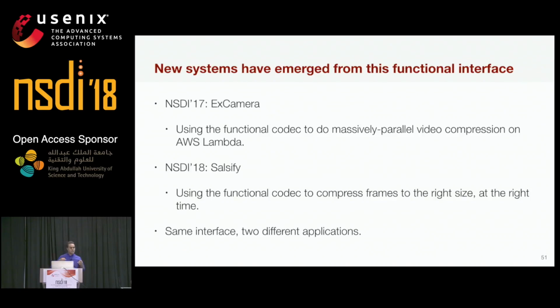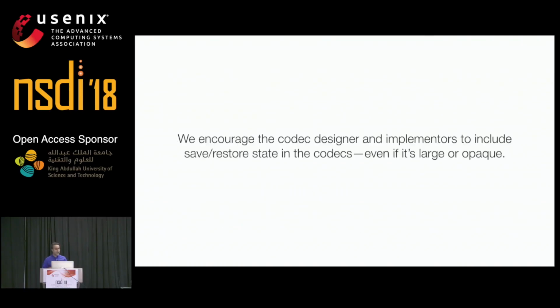So we can just think that there might be a lot of other applications that can actually benefit from this richer interface to the codec. And we encourage the codec designers and implementers to include this save and restore state in the codecs. Even if it's large, even if it's opaque, there are a lot of applications that can actually use that.